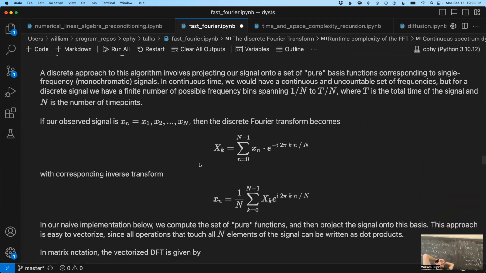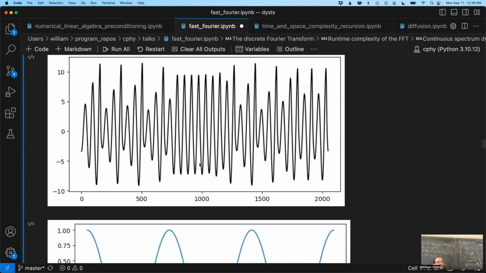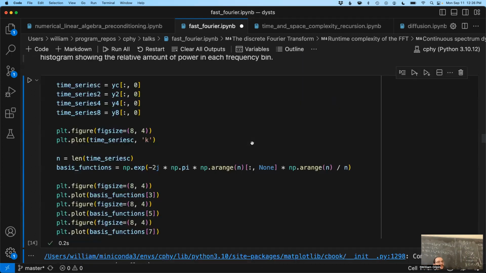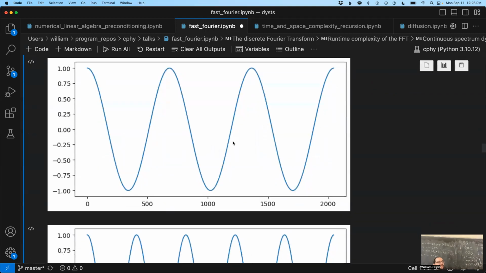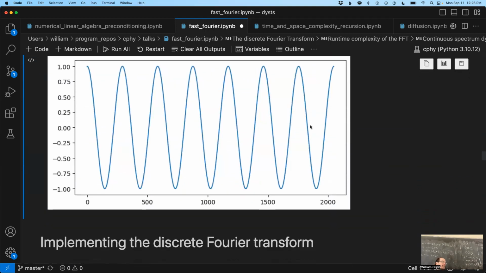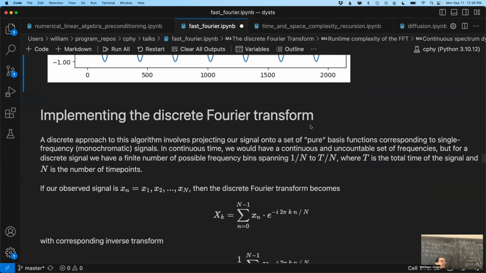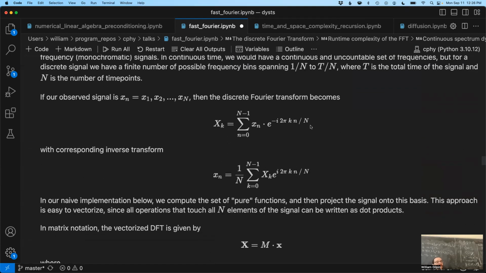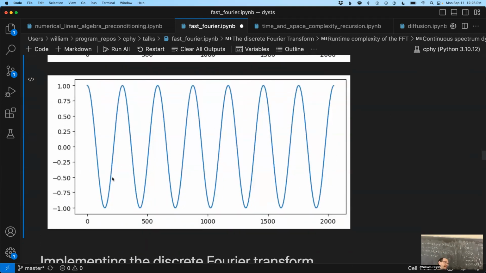If I think of my time series in one dimension as just a vector with t elements, or here I'm using n, where n is the total number of time points, in principle I can find these Fourier mode amplitudes by projecting this vector onto every single one of these harmonic vectors. So the naive way to take a Fourier transform of this system is by performing a series of dot products between my time series, which is a one-dimensional vector of length n, and a whole bunch of additional vectors of length n, which each capture one of these harmonics.